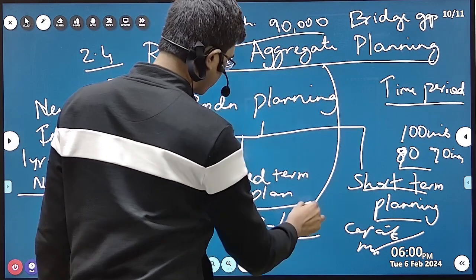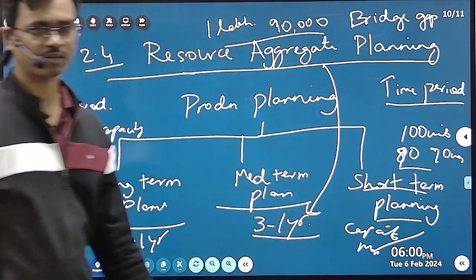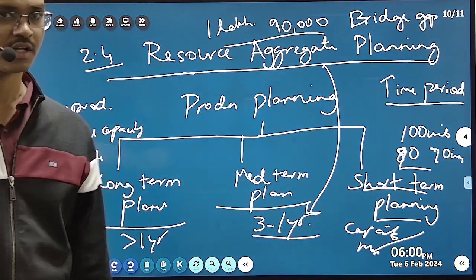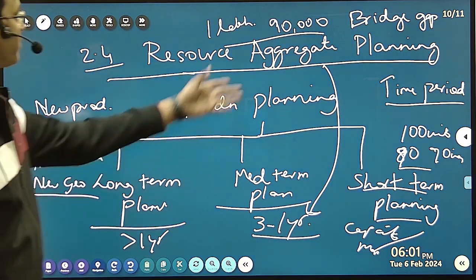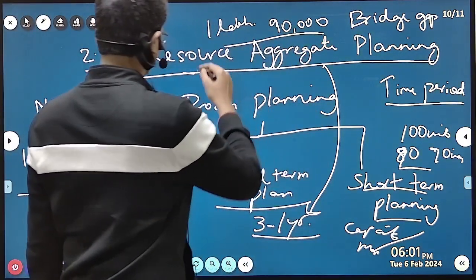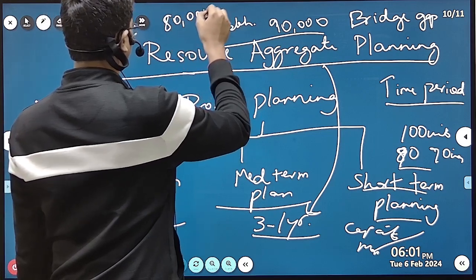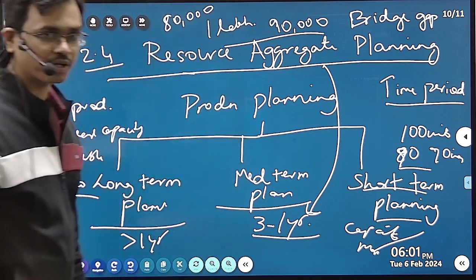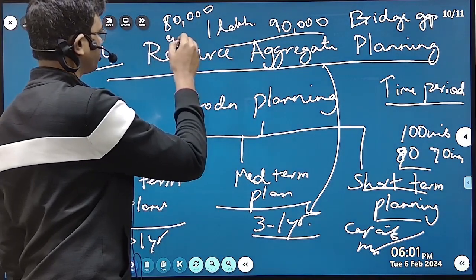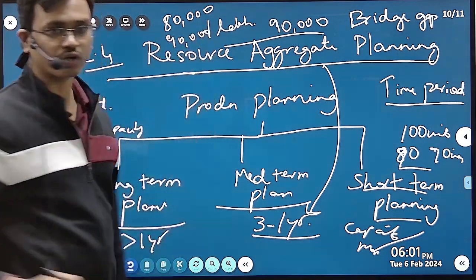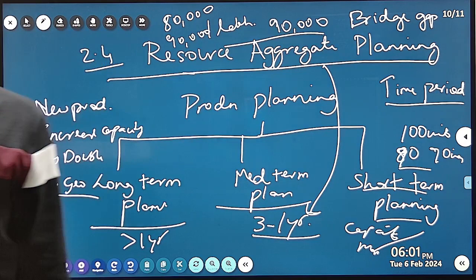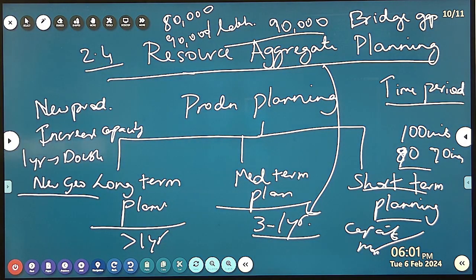So resource aggregate planning is the same as medium-term planning or intermediate planning, right? It can be even reverse also. Okay, so you have to deliver 80,000, and with the current setup, you will be manufacturing 90,000 units. So you do not want to carry the 10,000 inventory, because carrying inventory also incurs costs. Right.